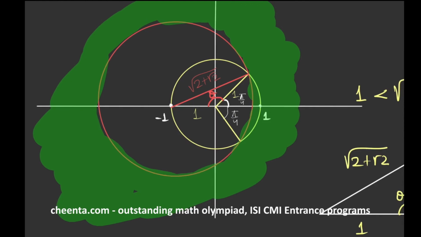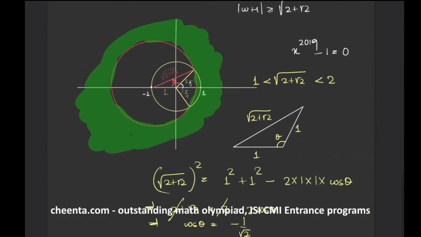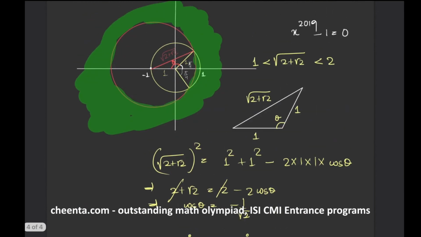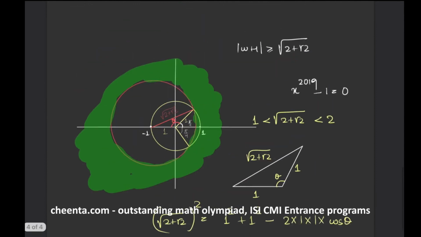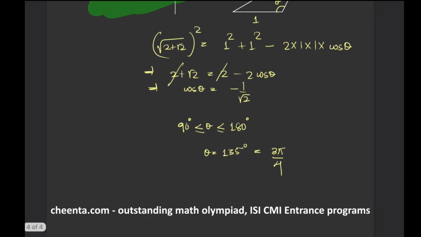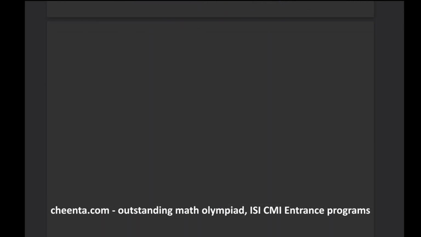So what did we conclude? We concluded that all those roots of unity which make an angle less than pi by 4 with the real axis, either positive or negative, will satisfy this inequality. So let's write that down. All the roots of unity are of this form: e to the power i 2 pi by 2019 times k.